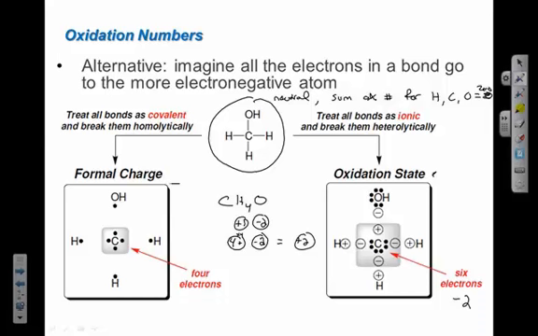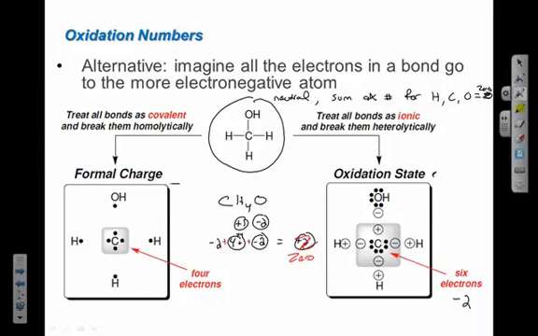So what must the oxidation number be on the carbon for that rule to be in effect? It must be a -2, right? Which is what we already determined by the other method. But if the carbon is a -2, then when I add these numbers together, I get 0.